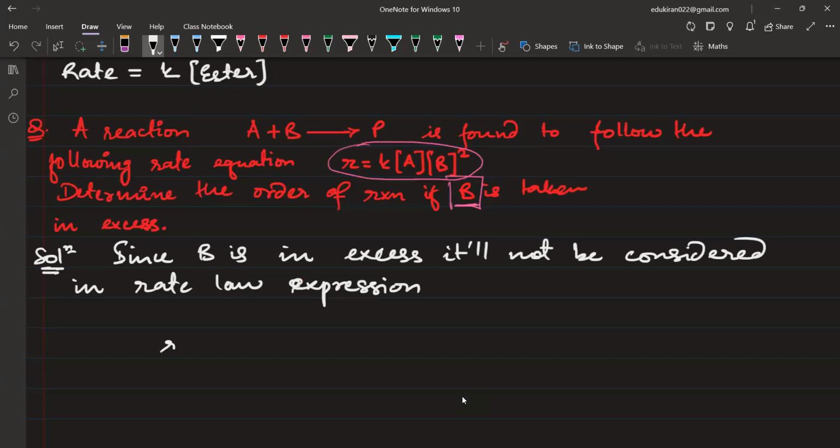So the rate law expression will become R is equal to K into the concentration of A only. And since the power of A is equal to 1, the order will be equal to 1. Please write this down.